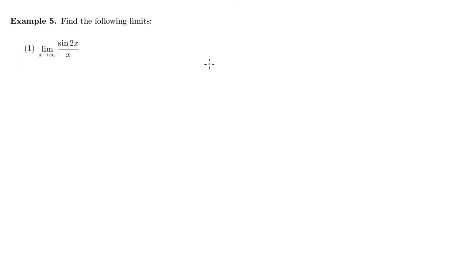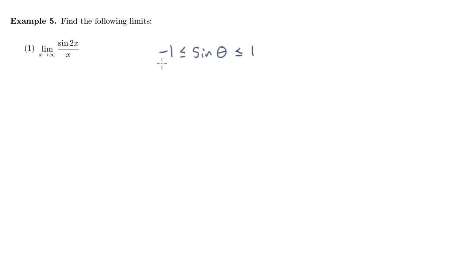So to show that, we're actually going to use the squeeze theorem. And we're going to use this inequality that sine theta lies between negative 1 and 1. This is a very useful inequality, and we'll use this over and over again. So now what I can do is I can assume, first of all, since I'm taking x to be infinity, that x is not 0.